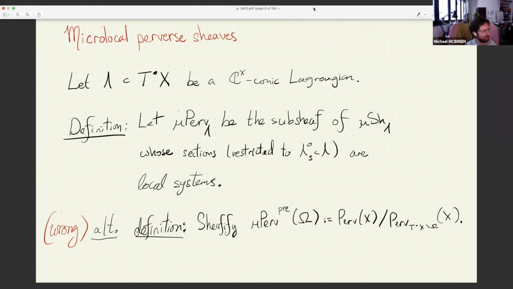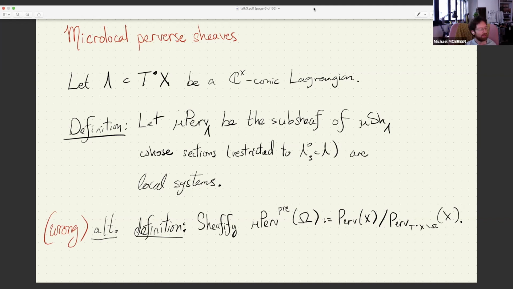We didn't quite write down an explicit counterexample, but roughly the idea is that in the first definition, you're defining perverse sheaves as a subsheaf of microsheaves, which in turn are really defined using real constructible sheaves on subanalytic sets.